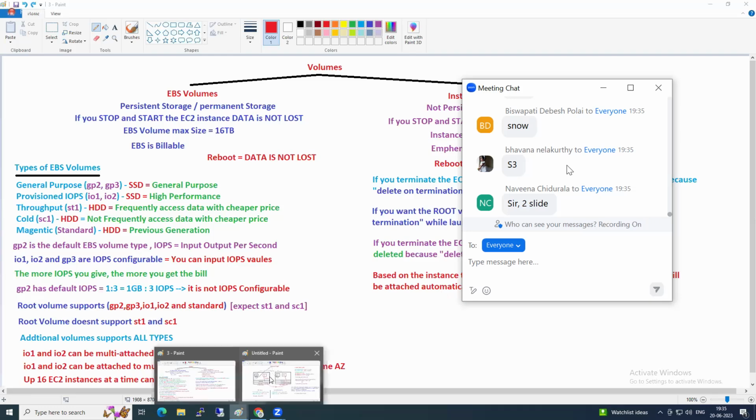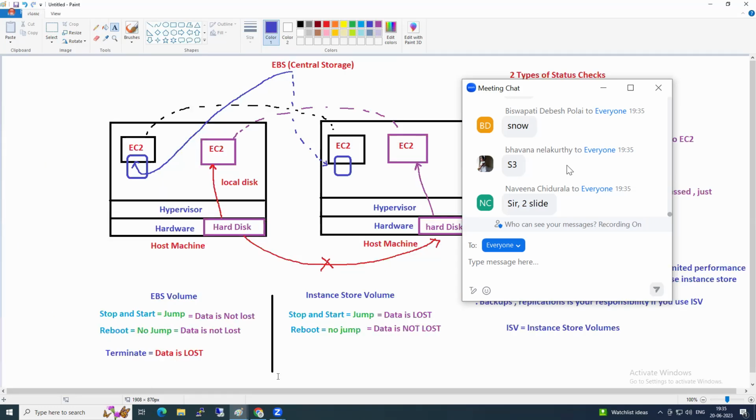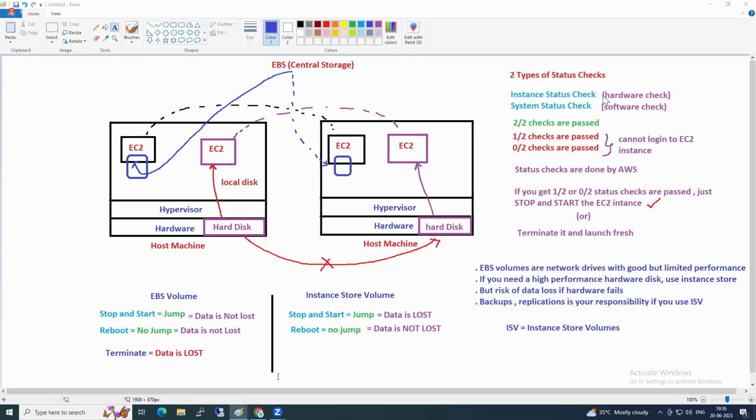Okay. Go with the second one. Take the screenshot. Super.